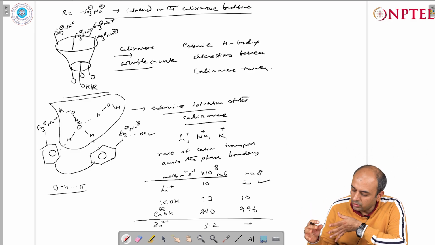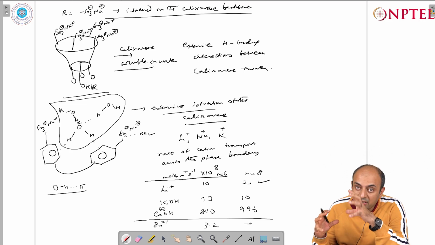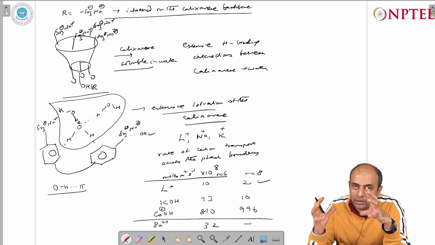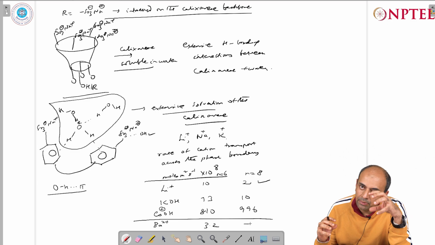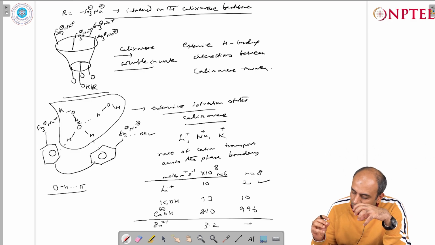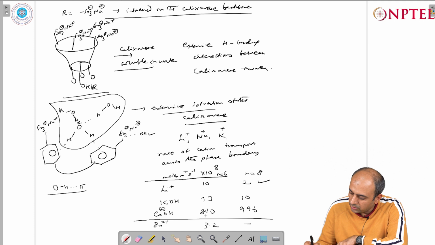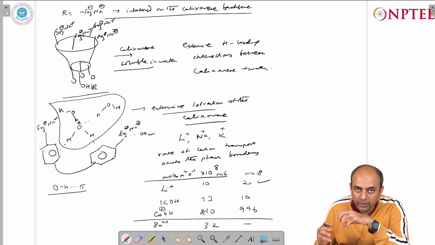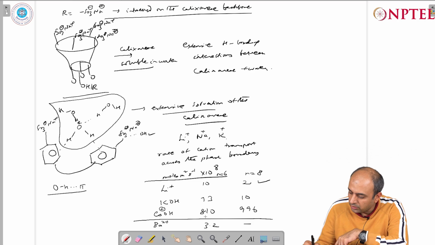Potassium is not transported efficiently, but it is only the cesium which has got a slightly larger size and which can stabilize itself very efficiently by cation-pi interactions, that is transported because it is captured first and then it is transported very efficiently, and the amount of it is very high, 810 and 996 for both the calixarenes.